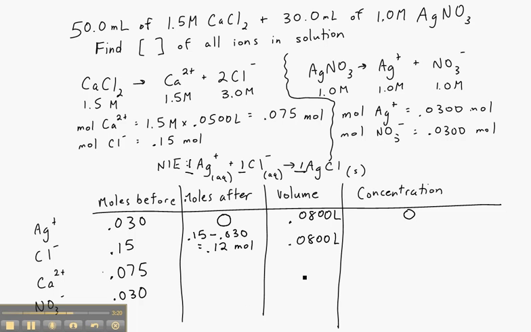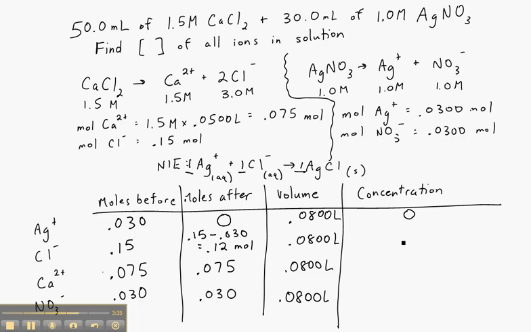The volume is the same for all of these, so I may as well write that all in now. The calcium and the nitrate are spectator ions, so they are not reacting. The moles after will be exactly the same as the moles before.